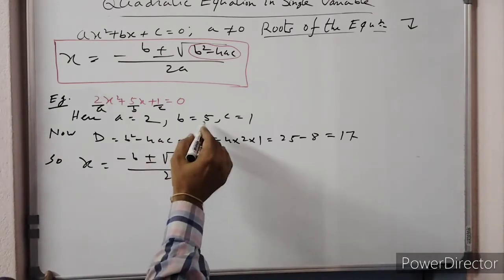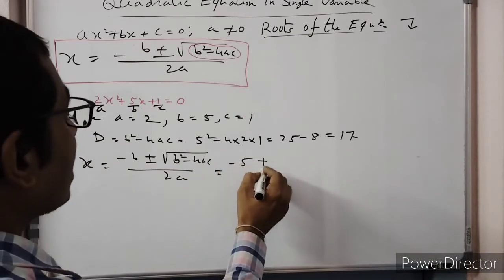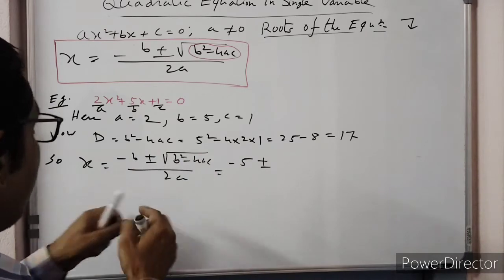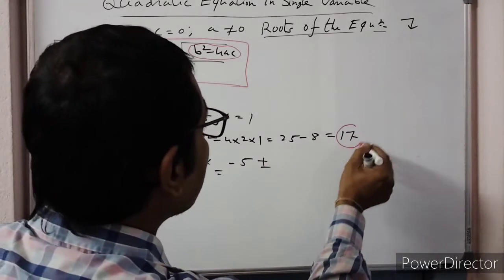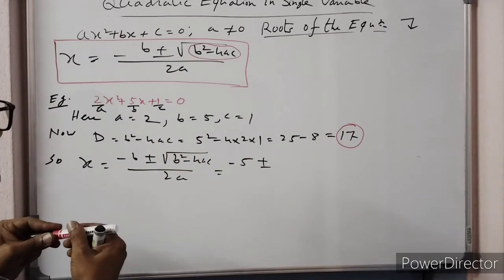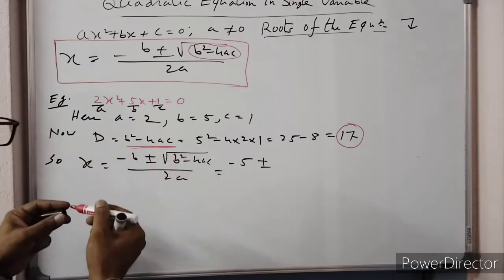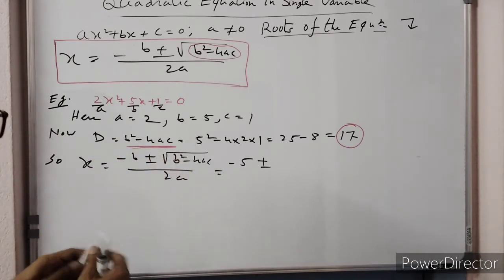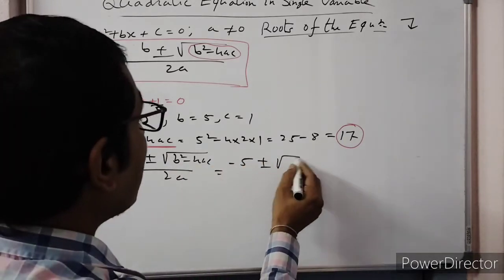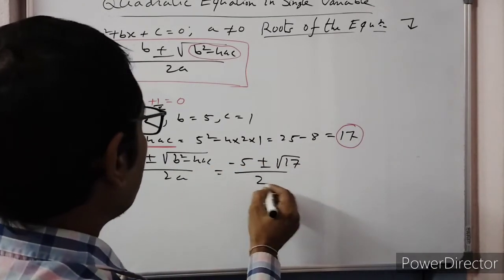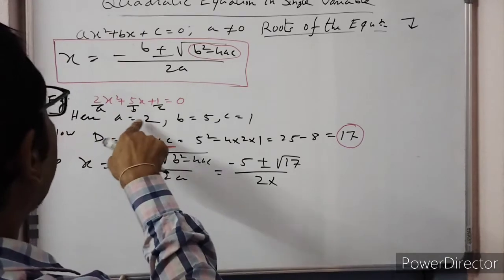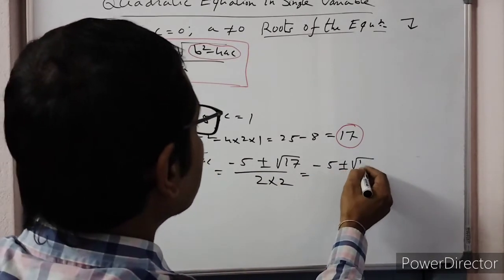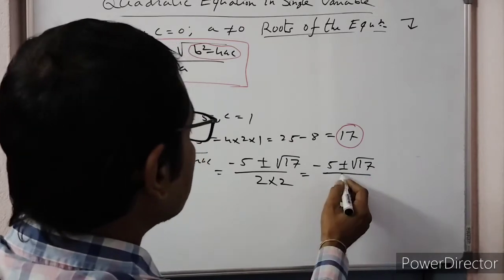So minus 5 plus minus root over 17 by 2 into 2, that is 4.